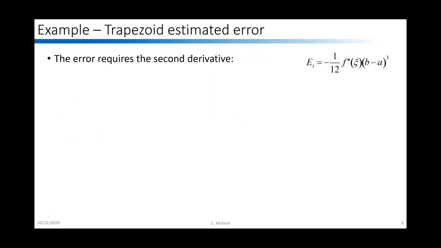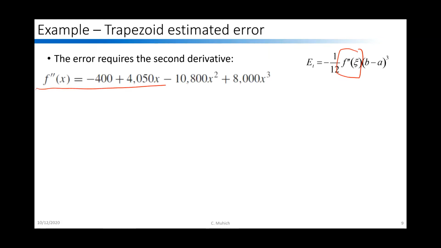Now let's look at an estimate of the error. What we're going to need is to take a second derivative because it shows up in our formula right here. So I can take a second derivative of the formula for that polynomial, and I've written that out here.